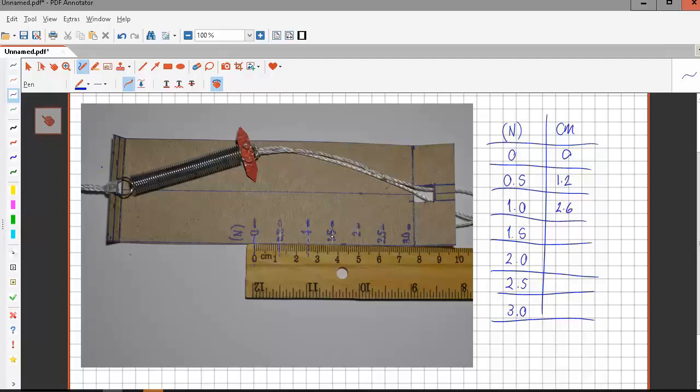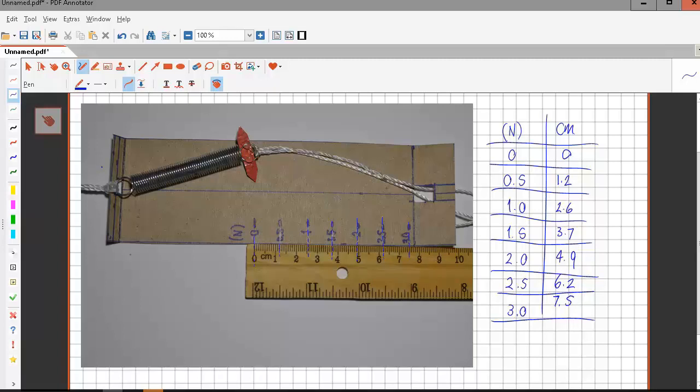At 1.5 newtons, I'm getting 3.7. At 2 newtons, I'm at 4.9. At 2.5, I'm at 6.2. And at 3, I am at 7.5 centimeters.